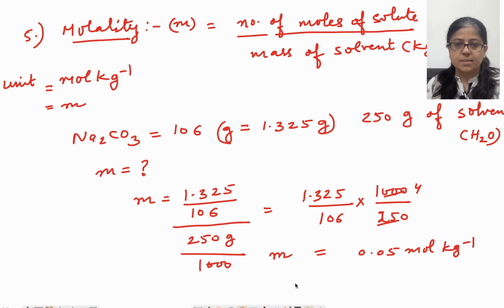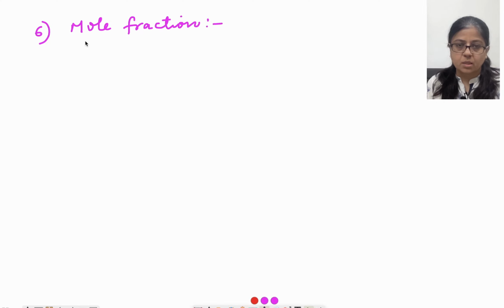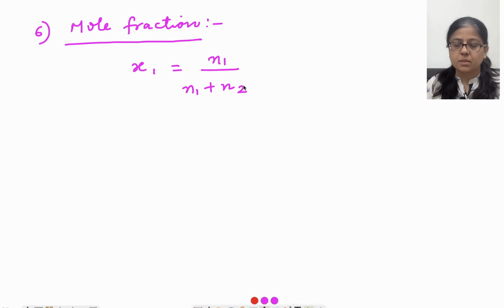Let us discuss the next new term, which is mole fraction. What is mole fraction? Mole fraction is equal to the number of moles of any one component in the solution divided by the total number of moles present in the solution.